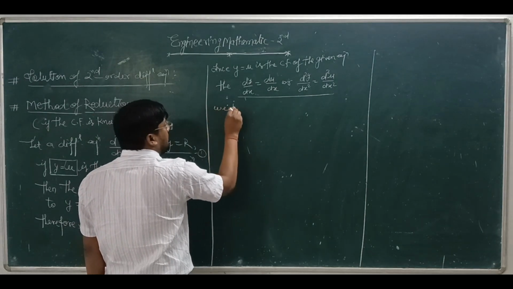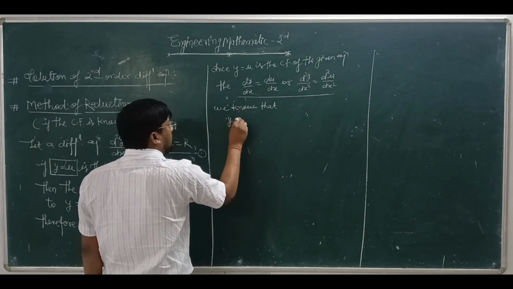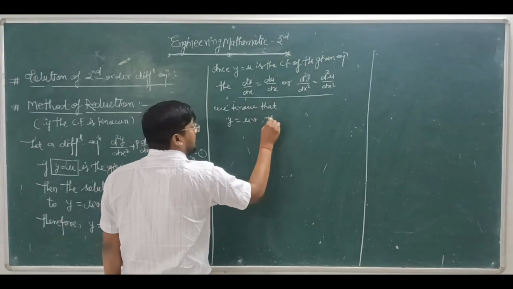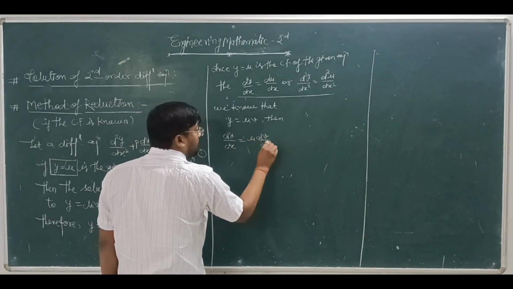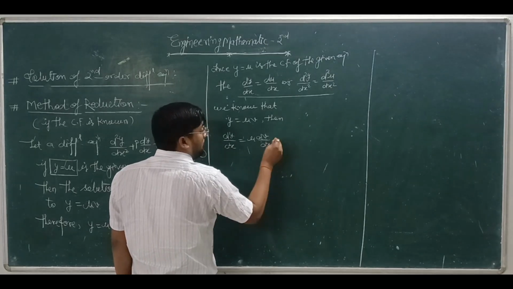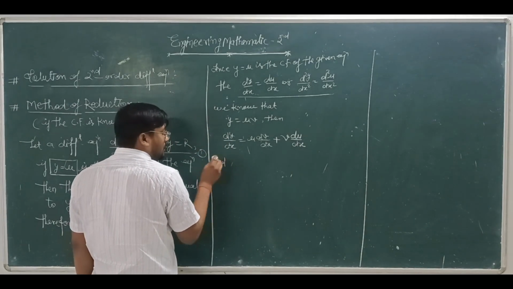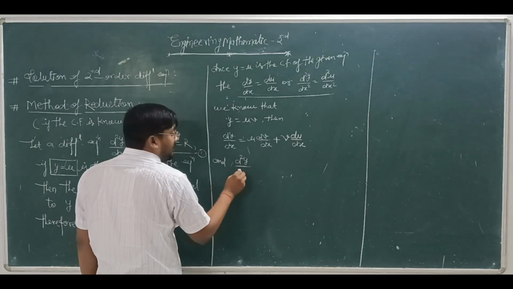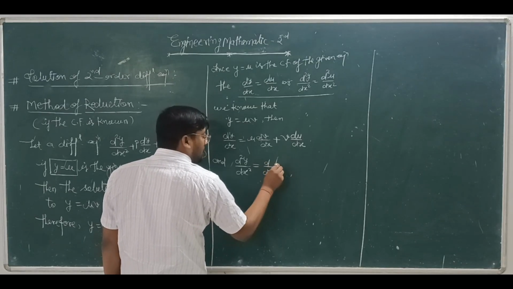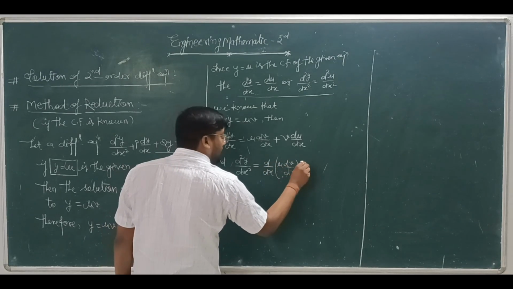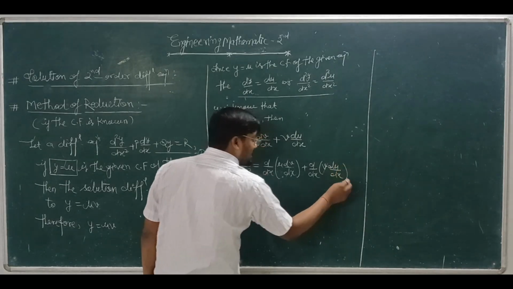We know that y = uv, then dy/dx = u dv/dx + v du/dx, and d2y/dx2 = d/dx (u dv/dx) + d/dx (v du/dx).